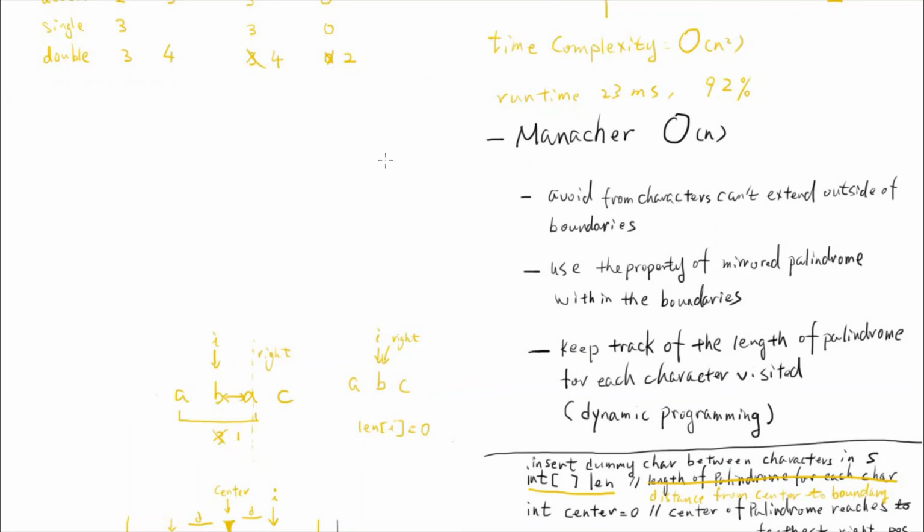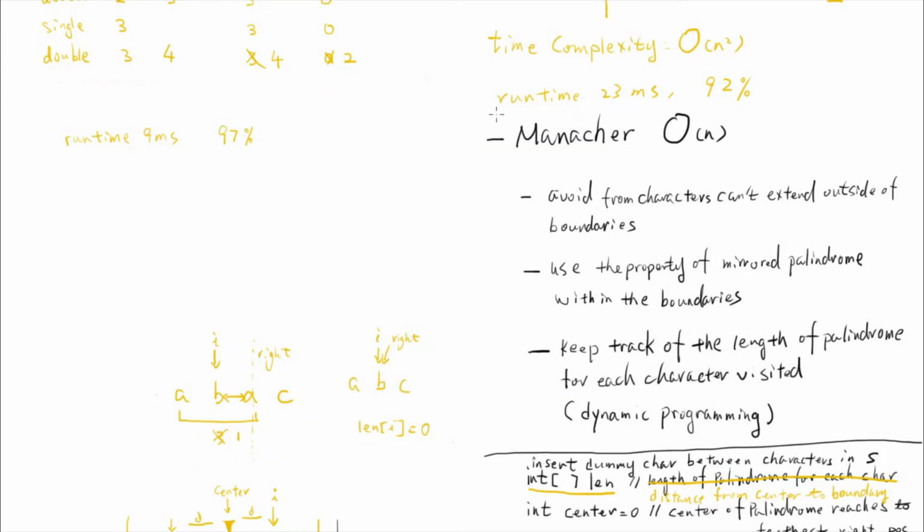So our Manacher solution has a runtime of 9 milliseconds. And the ranking is 97%. So it's faster than 97% of all the online submissions.